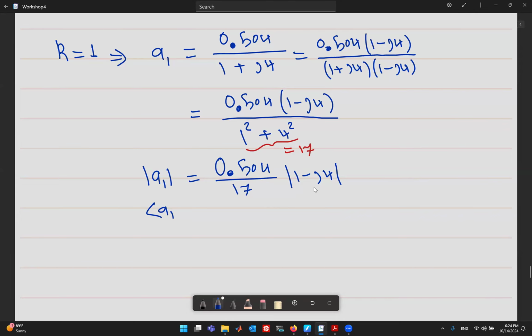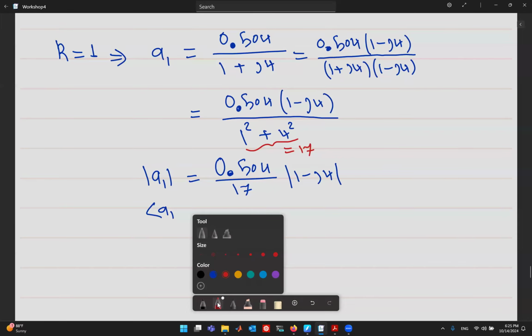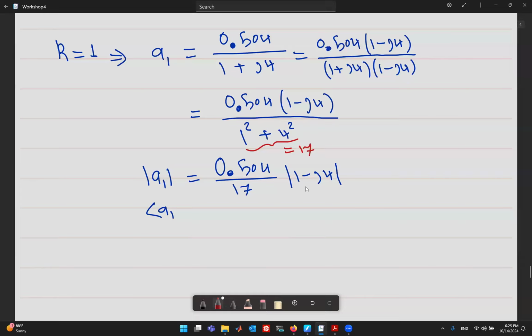And what's the magnitude of this number? Is it square root of 5?